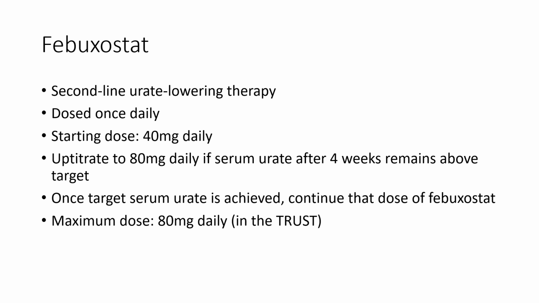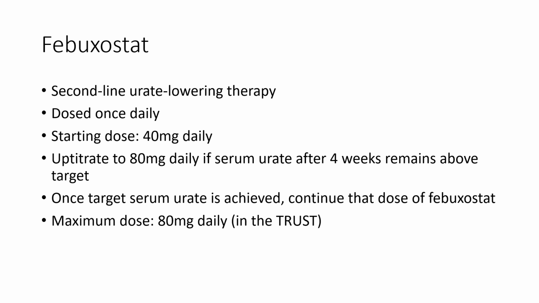Febuxostat is a second-line urate lowering therapy, again dosed daily starting at 40 milligrams. The dose will be up-titrated to 80 milligrams daily if serum urate after 4 weeks remains above target under the same TTT-SU principle.